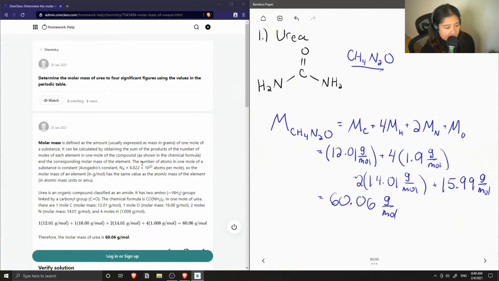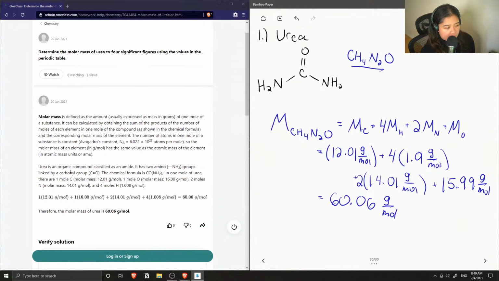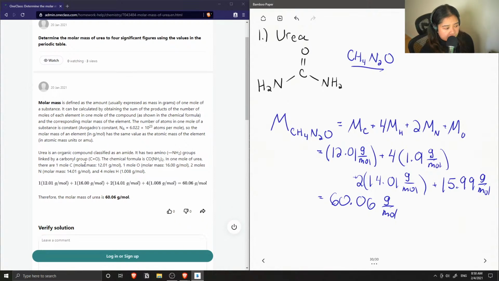The number of atoms in 1 mole of a substance is constant. This is Avogadro's constant, which is 6.022 times 10 to the 23 atoms per mole. So the molar mass of an element in grams per mole has the same value as the atomic mass of the element in atomic mass units, or AMU.